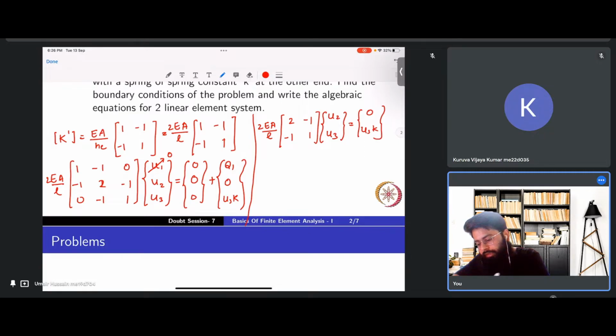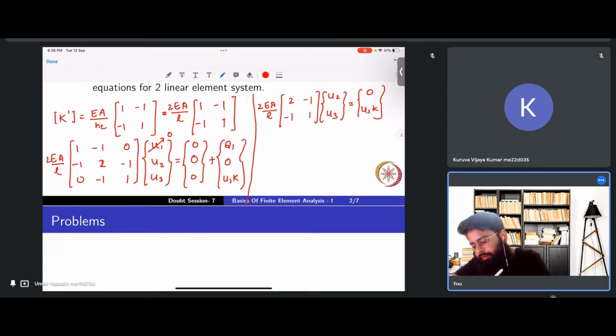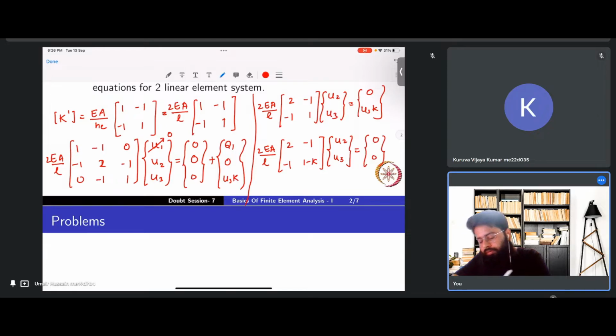You can further arrange this as 2EA by L [2 -1; -1 1-K] times [U2; U3] equals 0. Yeah, so this would be the system of equations for this problem.